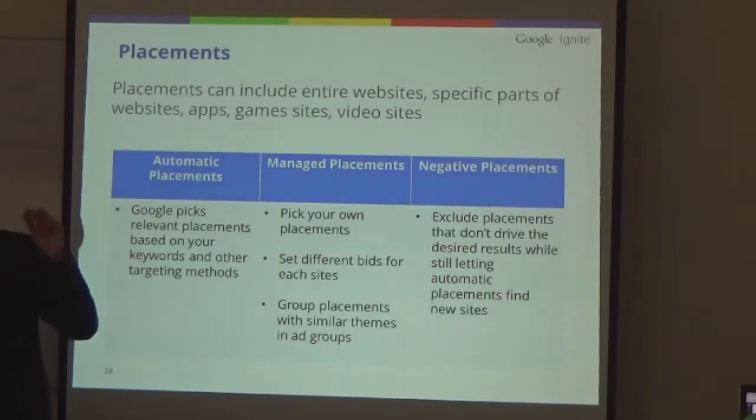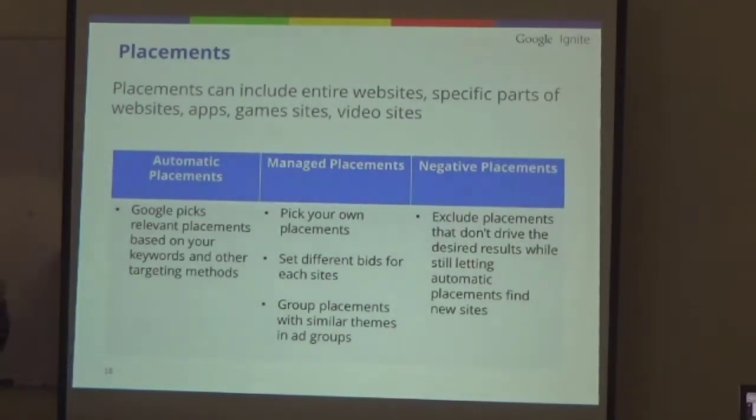The beautiful part of this is that you set bids on each different site manually. And the third one is negative placements. If you do not want to show ads on certain sites within the managed placement, put them in as negative placements, as you can see on the far right here.